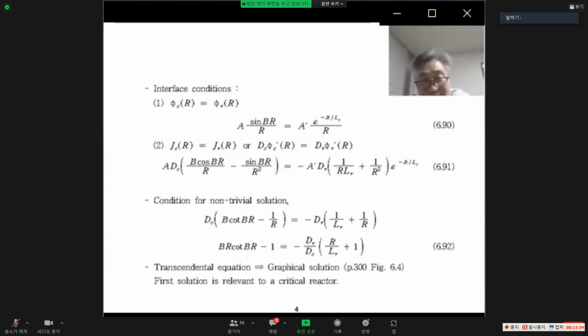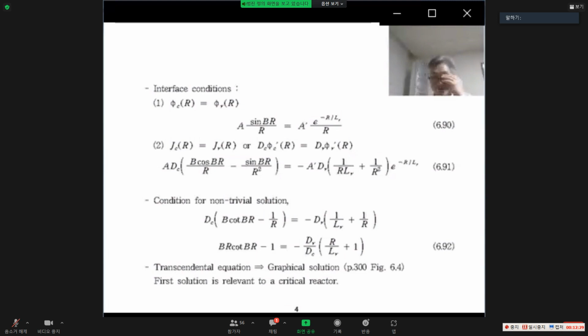Now, this equation: the left hand side is a trigonometric equation because we have cotangent, and the right hand side is an algebraic equation. So we have to solve for R.